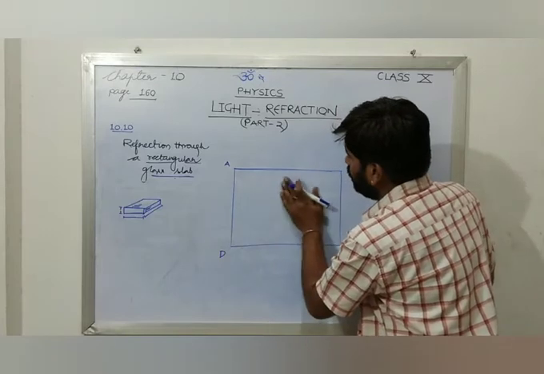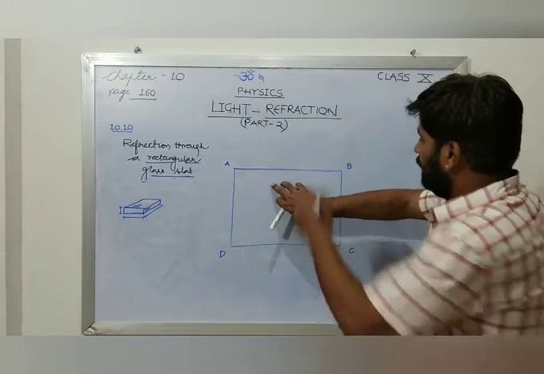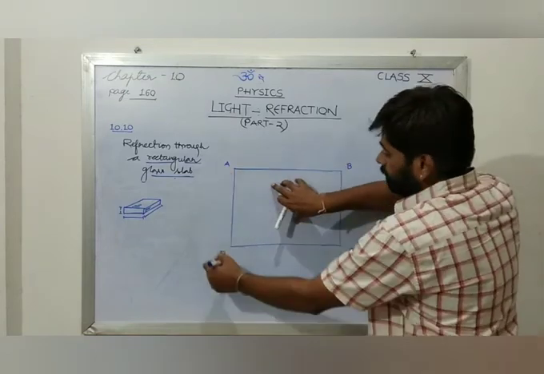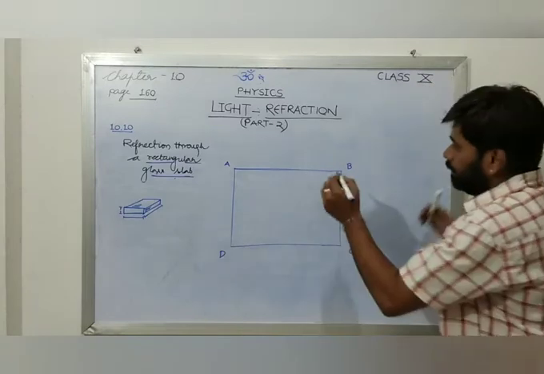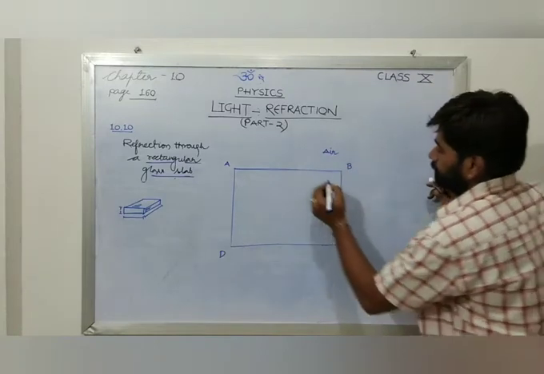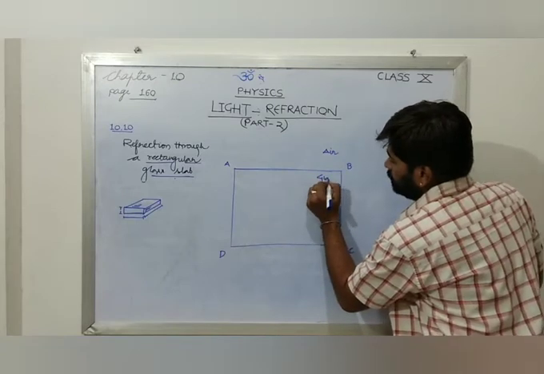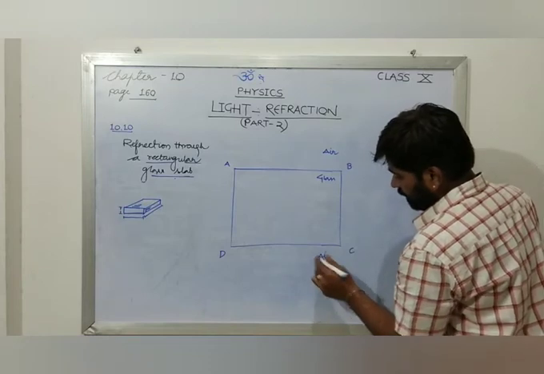In the next step, we draw the outline of this slab: we kept it and made an outline with a pencil. Now we may see that this is the air portion, this is the glass portion, and this is again the air portion.